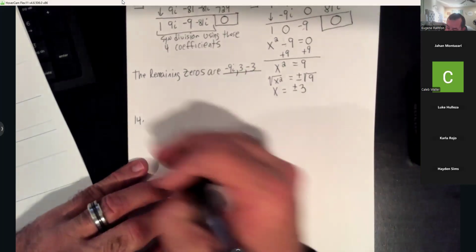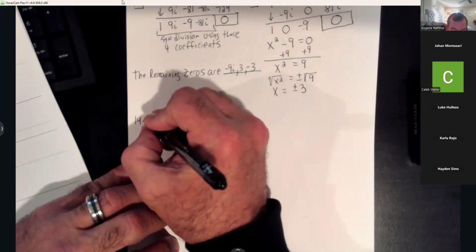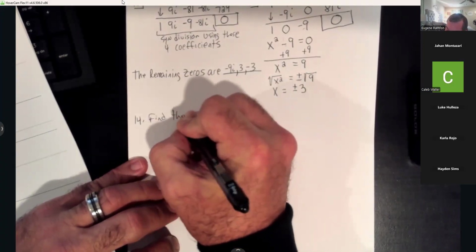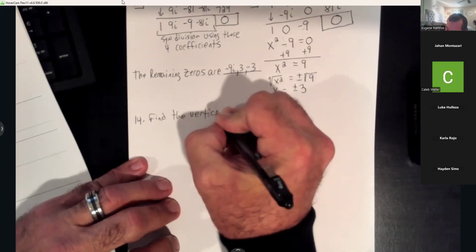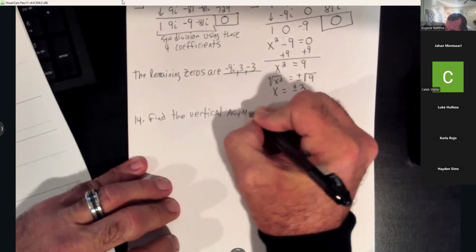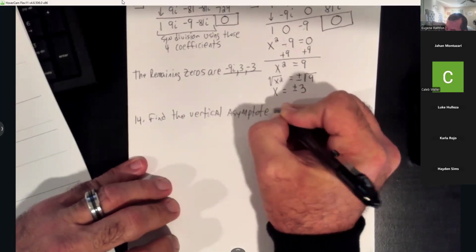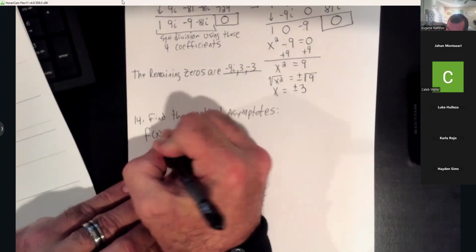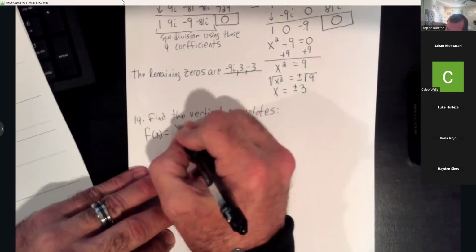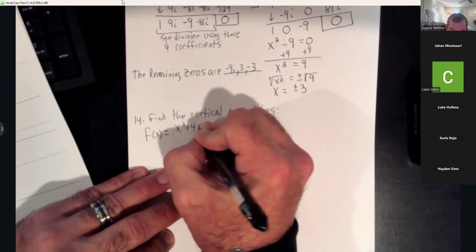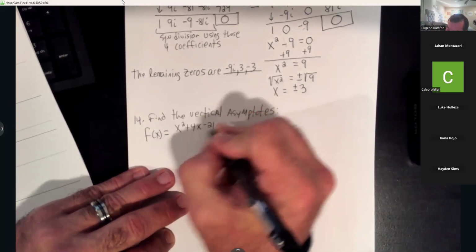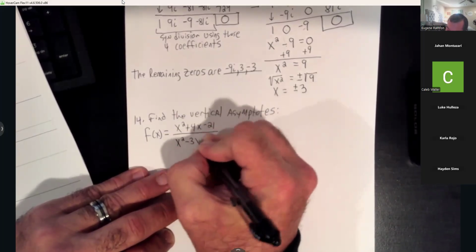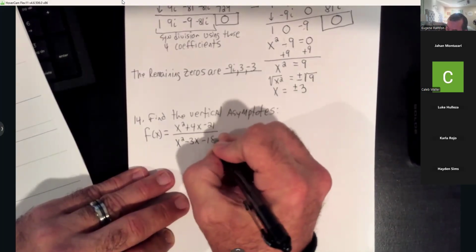All right, y'all, 14 gets into the asymptotes. So on 14, they want me to find the vertical asymptotes. All righty, they're giving me f of x equals x squared plus 4x minus 21 over x squared minus 3x minus 18.